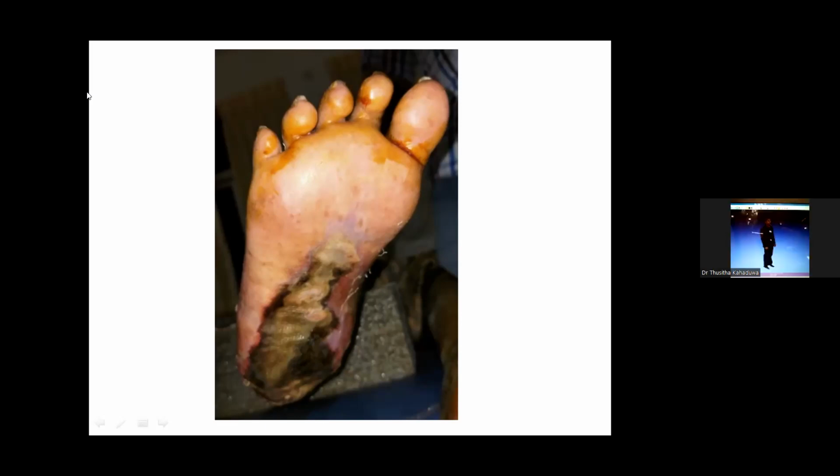Thushan, I have shared a photograph of a foot. This is a 56-year-old male, very poor diabetic control, has distal pulses, but he apparently had some sort of shrapnel injury.